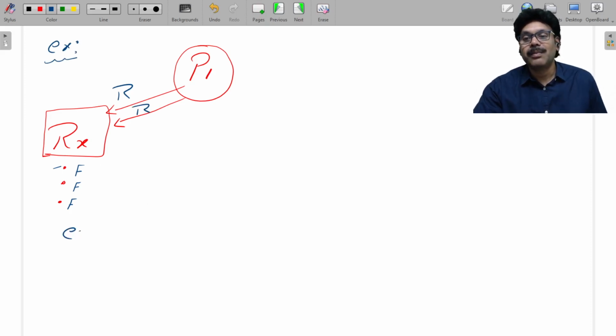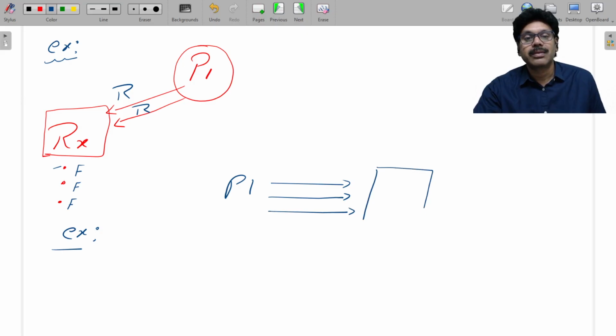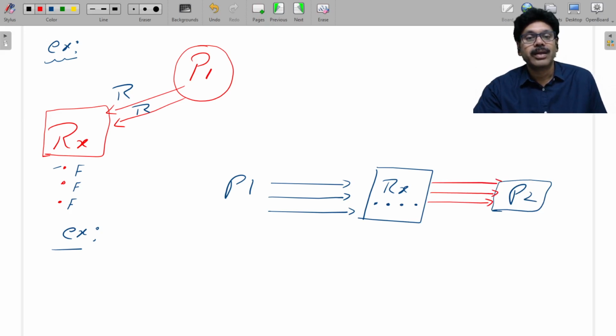And one more example is here. This is P1. Three arrows are coming, and this is a resource Rx with four copies, and this is P2. One arrow, two arrows, three arrows.